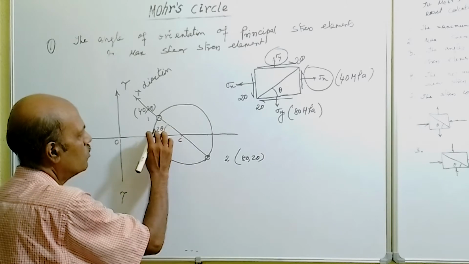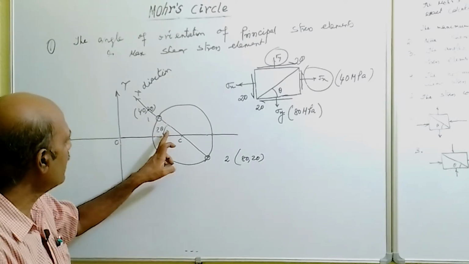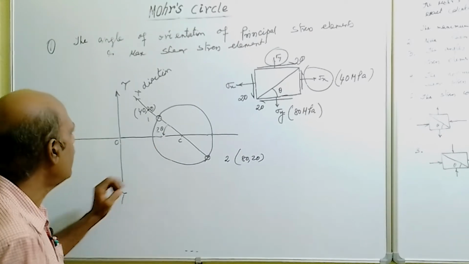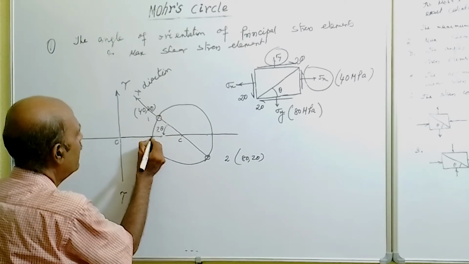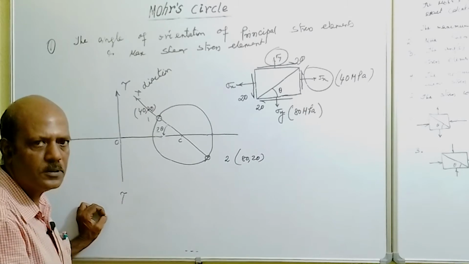Say it is 40, so 2 into 20. So in the circle we have to rotate 2 theta so that this x axis will come here. That means we will get the minor principal stress.